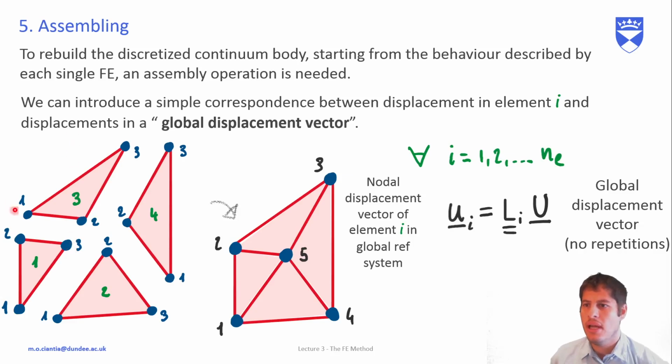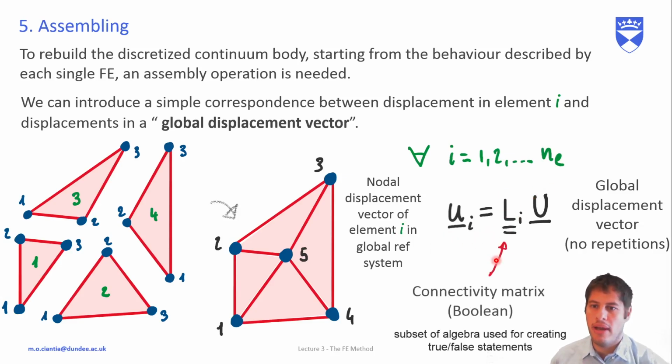So what we do, we can define this global displacement vector, capital U, okay, from which we can then reobtain the displacement vector of each element I by using this Boolean operator, a connectivity matrix that basically, with true and false statements, is able to not repeat the same information, okay.